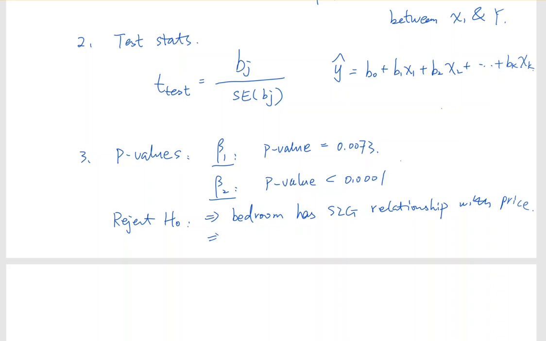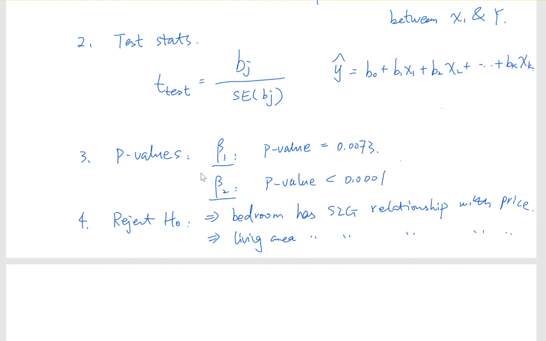And for the second test, based on the p-value, the living area also has a significant relationship with the price. All right, so this is the first step about the conclusion.